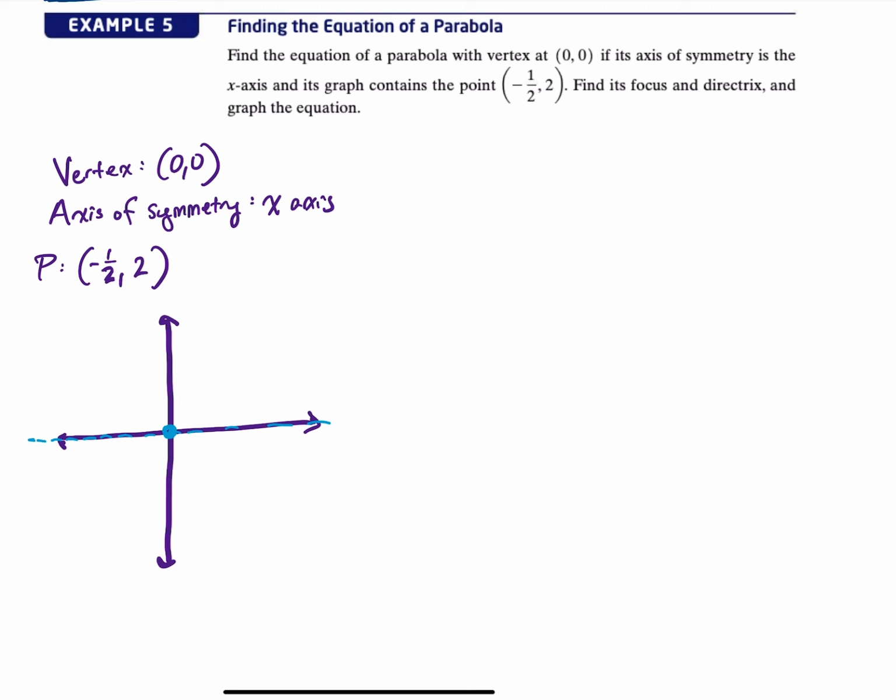So if I imagine negative 1/2, 2, well, that's up in the second quadrant. It's like somewhere up here. So that means our focus point should be to the left. Yeah, we'll have some kind of left opening parabola. So let's keep that in mind.